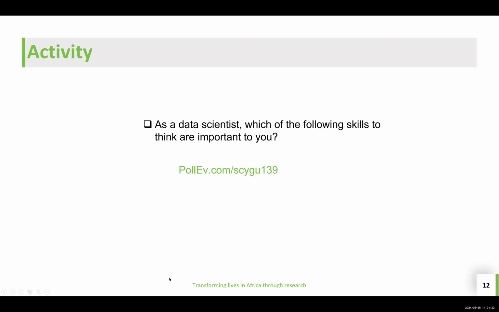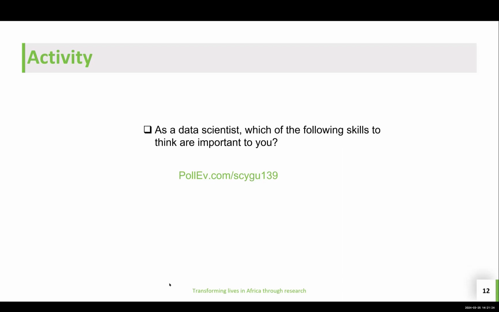So I'll just switch my tab and see whether you are able to see the screen. Let me share the screen. I hope you've been able to type that. Once you type it, you should be able to see some question.